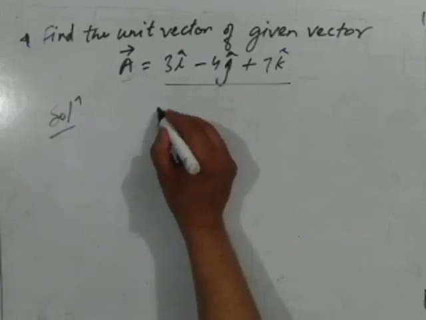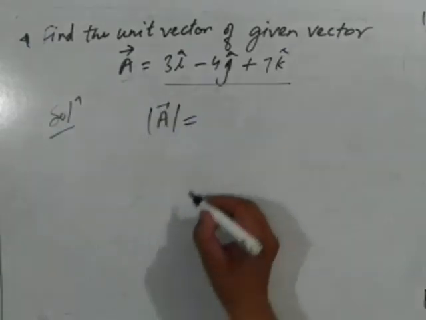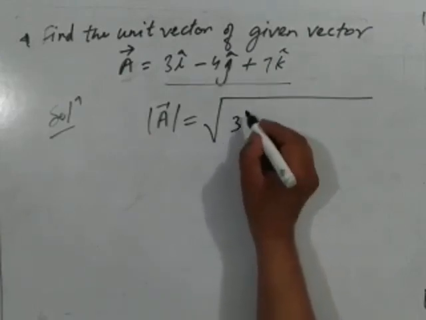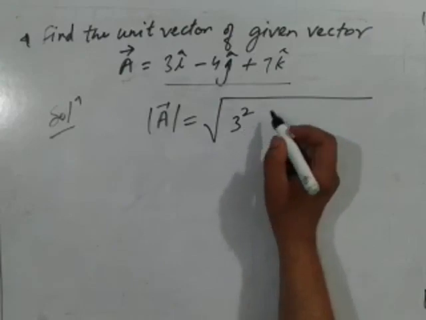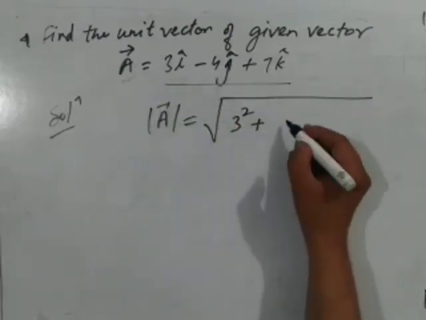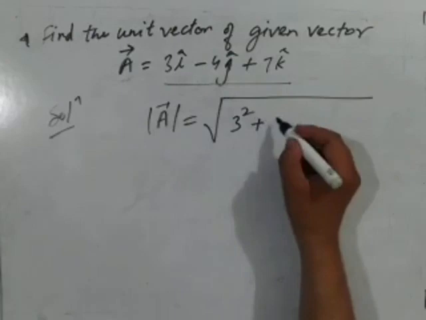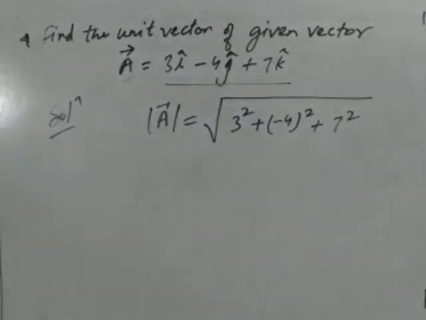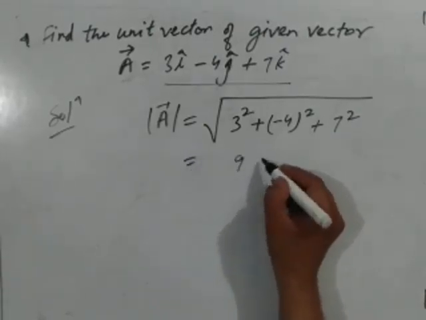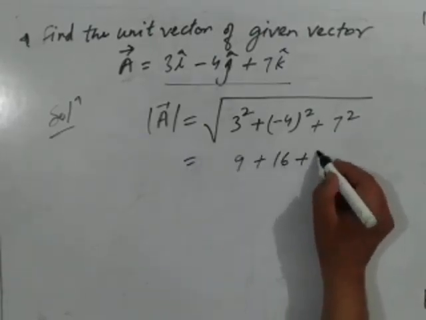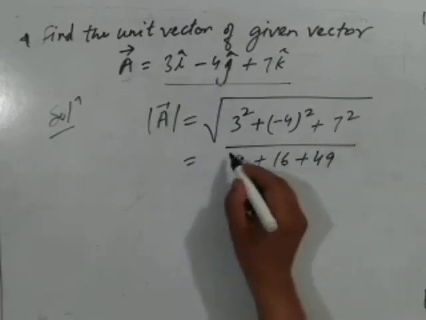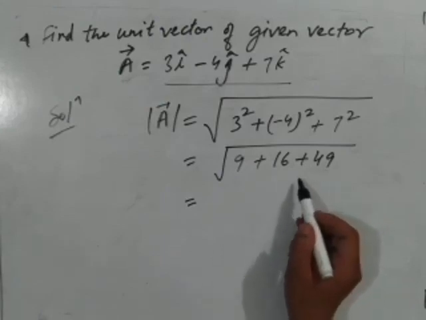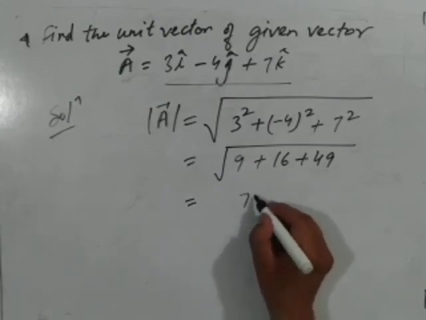First of all, we will find out mod of A. Again we will use the same technique. We will square the coordinates and add them. So 3 square plus, here the coordinate is minus 4, so minus 4 square plus 7 square. So this becomes 9 plus 16 plus 49. So this becomes 74 under the root.